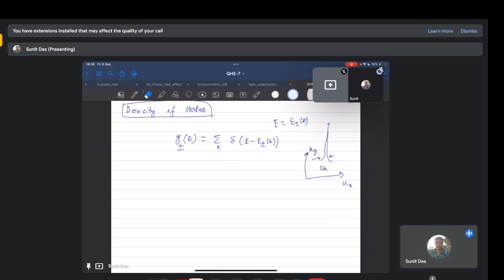So that means at that energy, that is how many states there are going to be. Okay, so that's the physical way, or the reason why we write a sum over k and the delta function.